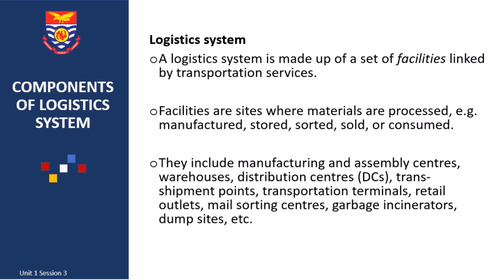Example, places where materials are manufactured, places where they are stored or where they are sorted, sold or consumed. And those facilities include manufacturing and assembly centers, warehouses, distribution centers, transshipment points, transportation terminals, retail outlets, mail sorting centers, garbage incinerators, and dump sites.